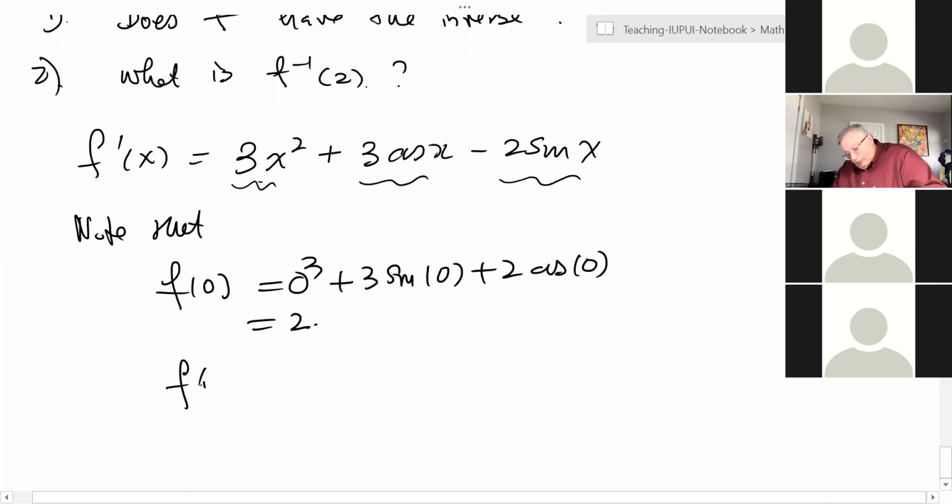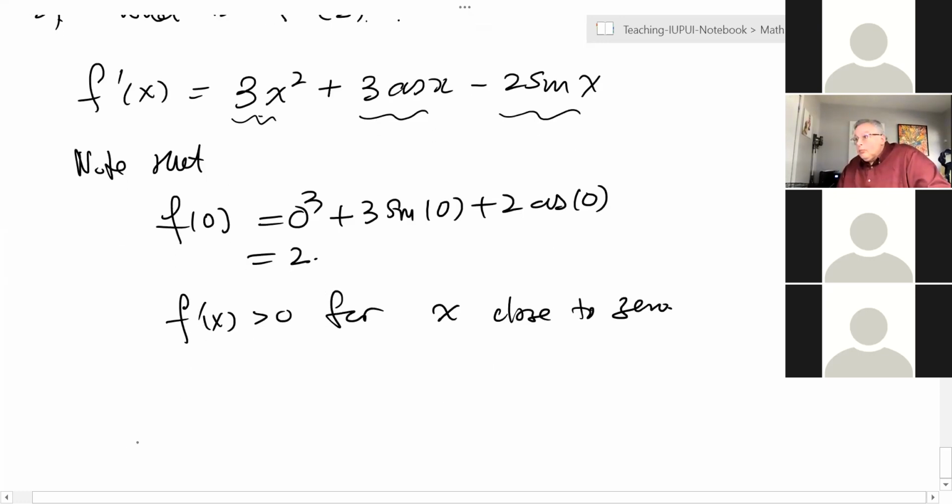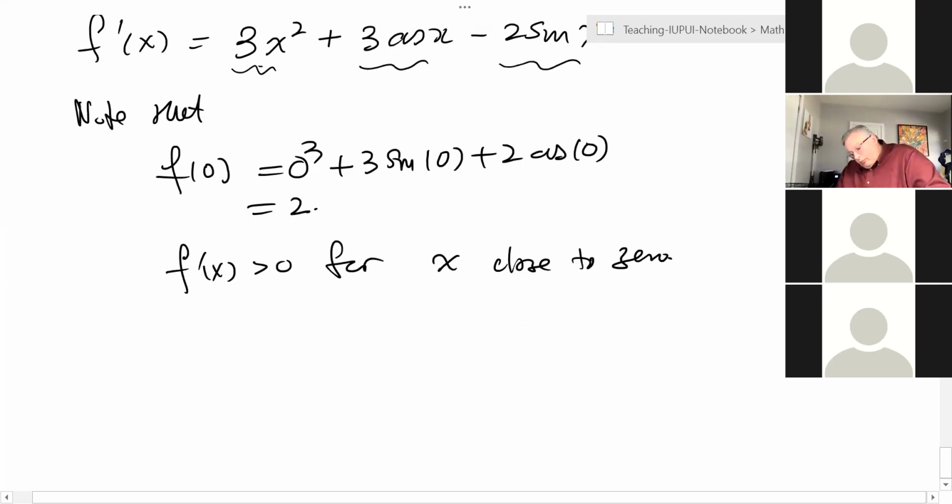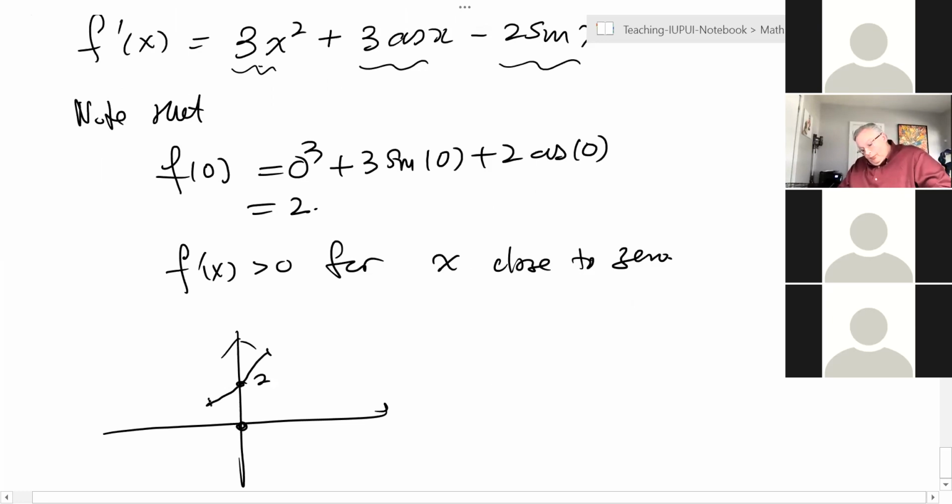So we know that f prime of x is going to be positive for x close to 0. So that's why I don't need to know the whole graph, at least nearby 0, right? The value here is 2. So the function is an increasing function because the derivative is positive. So then the inverse exists.